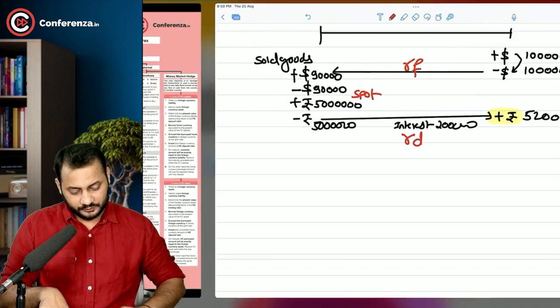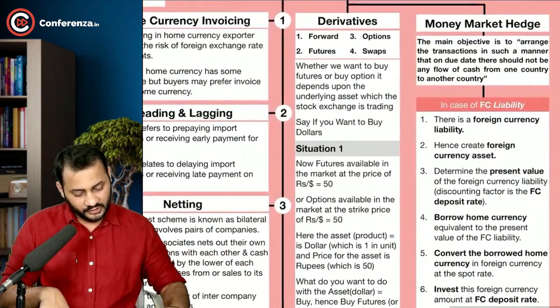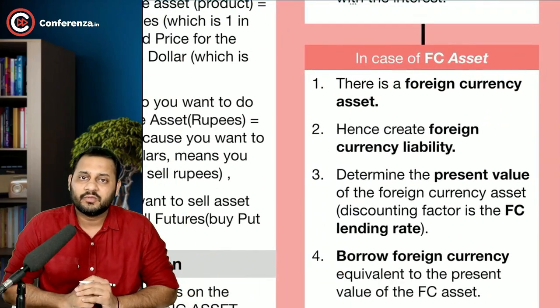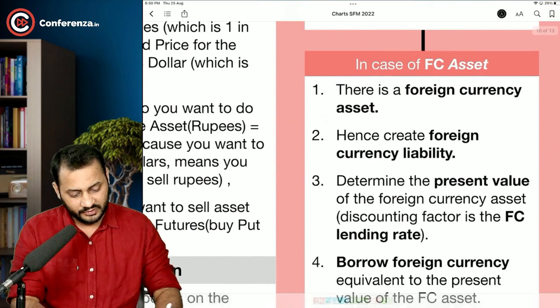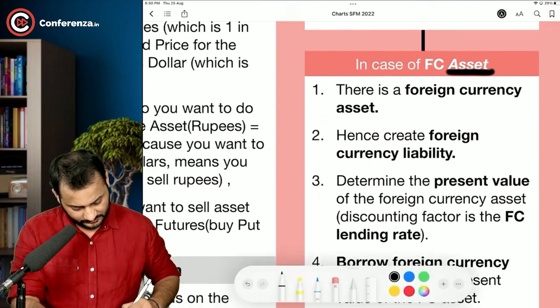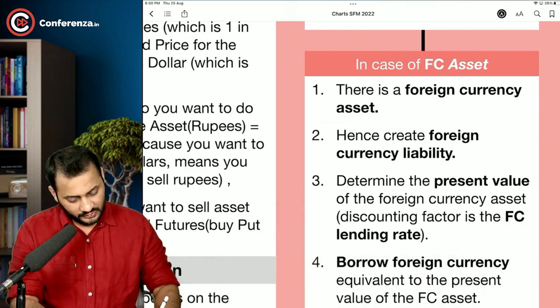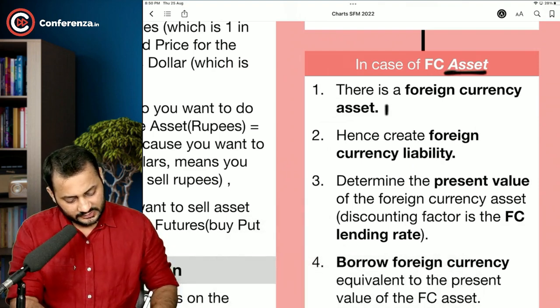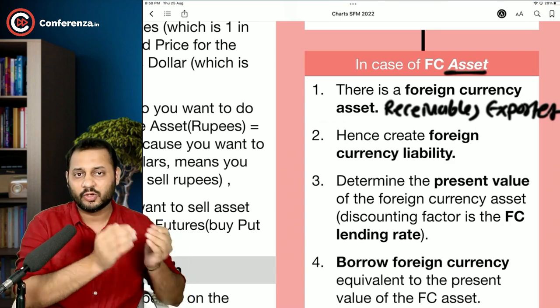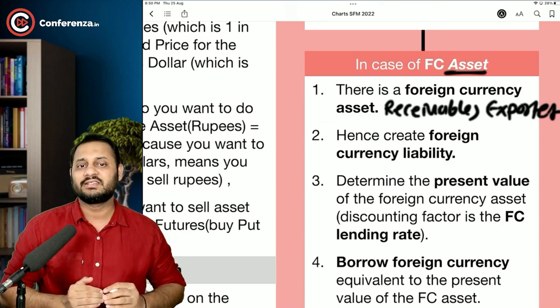So let me write down. In case we have a foreign currency asset, meaning receivable. This is asset, or you can call it receivable. This is created only when we are an exporter. So if we are an exporter, we might have sold the goods to someone else from whom we are going to receive.